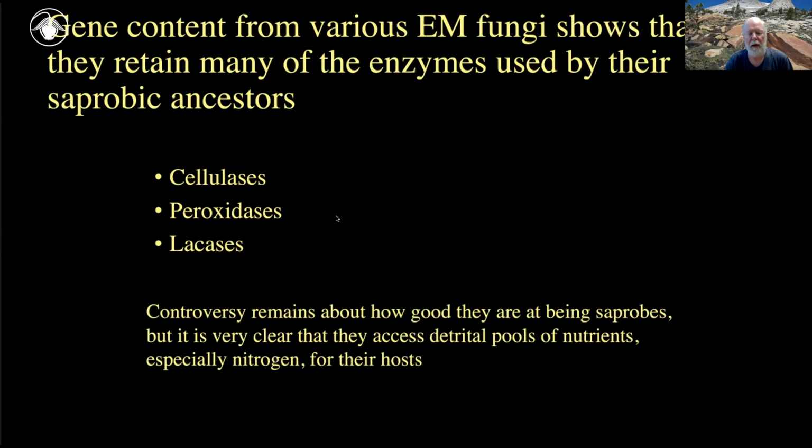So they can break down litter, and they're doing it not to get the carbon, because they're plugged into a big carbon source, which I'll get back to, but because the most valuable commodity is the nitrogen. In most of these settings, nitrogen is the limiting resource. It's tied up in this litter, and the fungi can access that for their host.